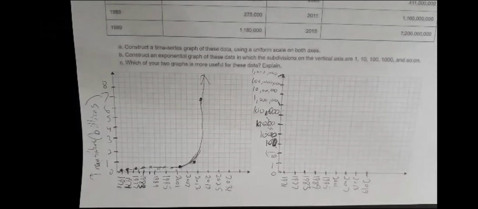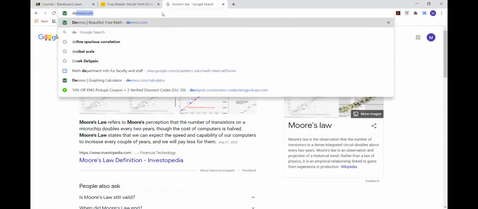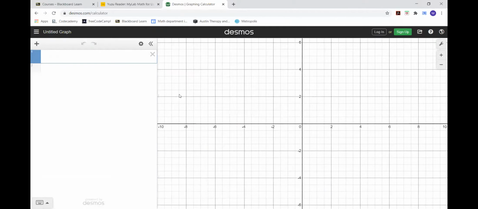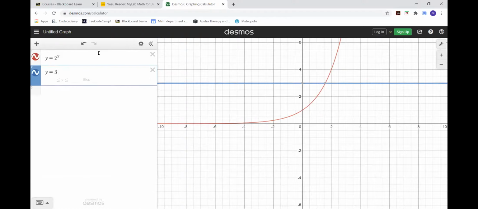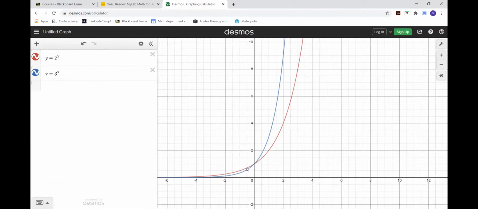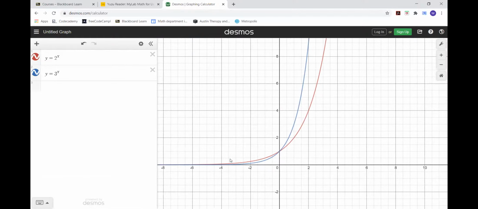Let's do that. And what do I mean? An exponential is something where your variable is in the exponent. So if I get y equals 2 to the x, that would be exponential. Y equals 3 to the x means my variable is up in the exponent. And so what happens with things like this is they increase very, very slowly, and then all of a sudden they start skyrocketing.